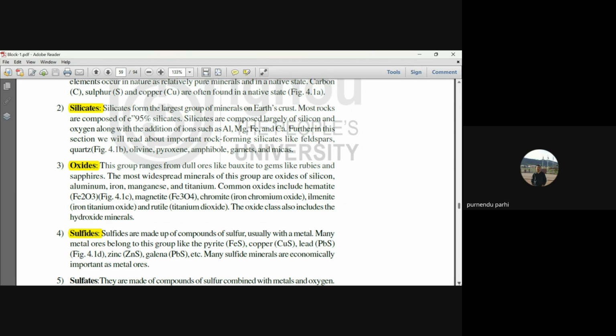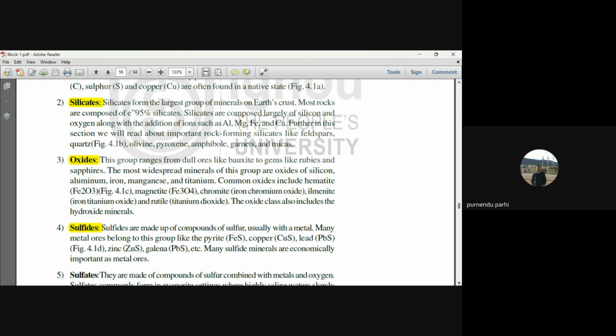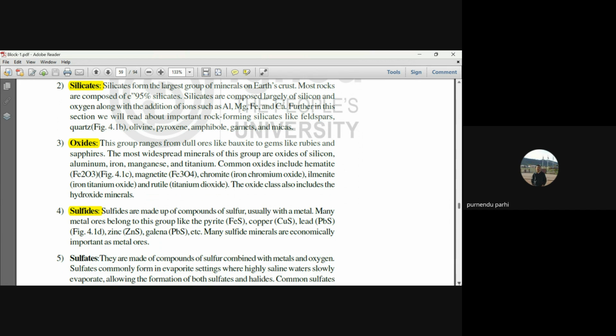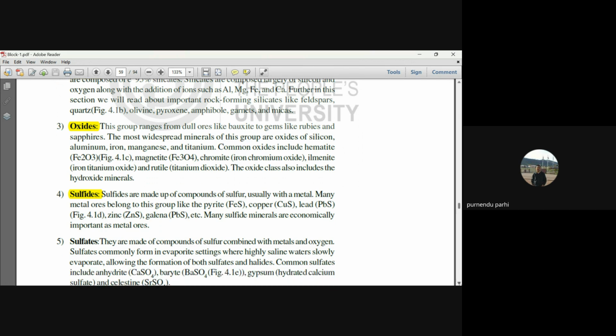Sulfides. Sulfides are made up of compounds of sulfur, usually with a metal. Many metal ores belong to this group, like pyrite, iron sulfide, copper sulfide, lead sulfide, zinc sulfide, and galena, that is lead sulfide. Many sulfide minerals are economically important as metal ores.